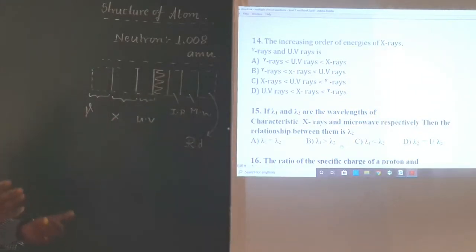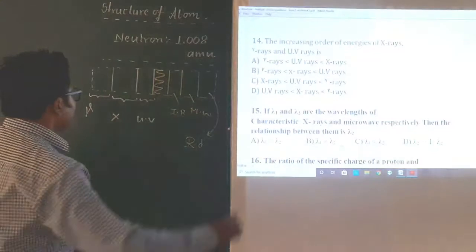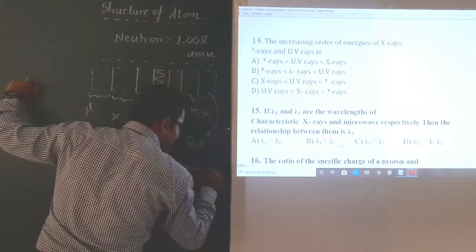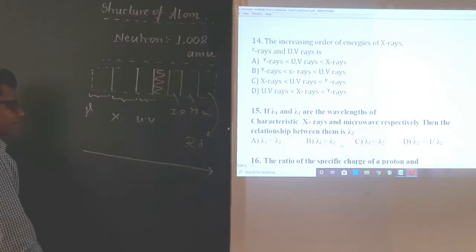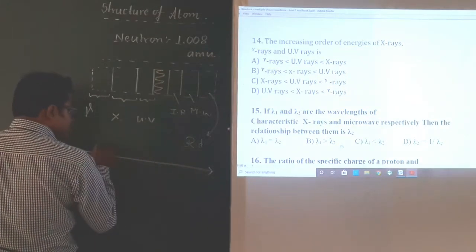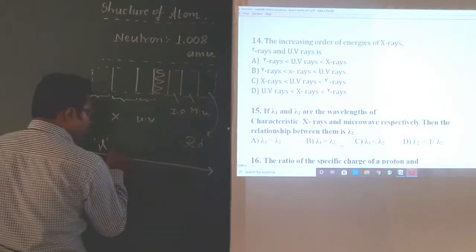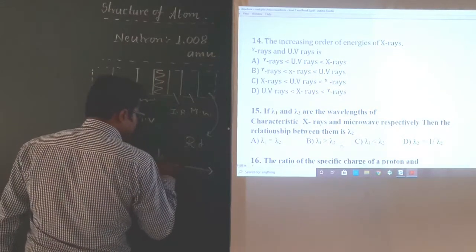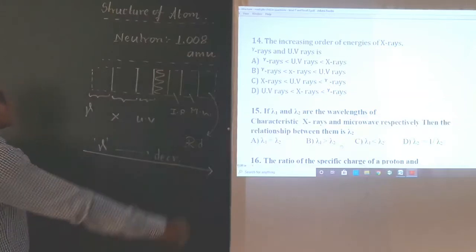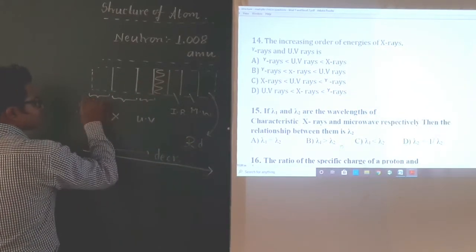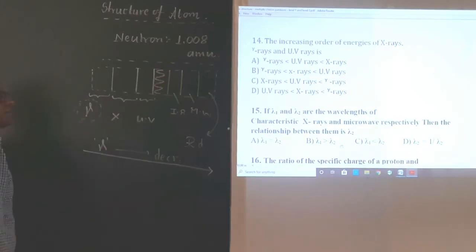Okay, so this is the sequence. You should understand that when we go from left to right in a spectrum, the frequency or the energy goes on decreasing. That means these have the highest frequency.